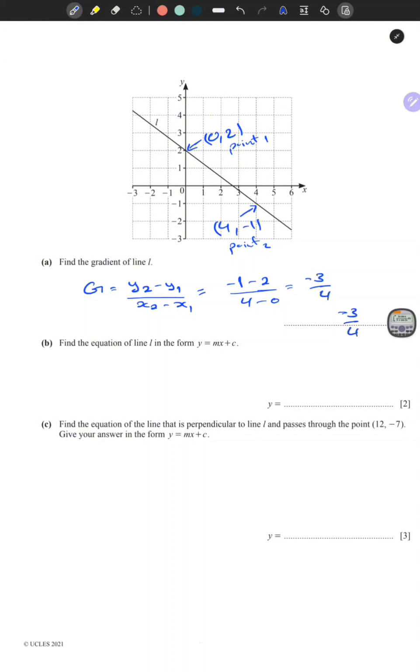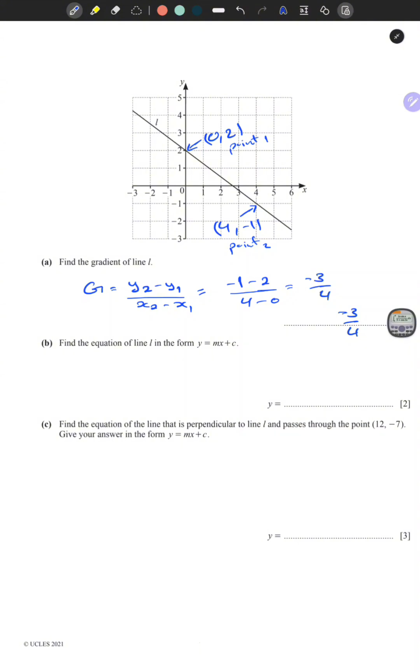The gradient is negative, and that's correct because the line is going downwards. B, find the equation of the line in the form y equals mx plus c. I have already got the gradient, which is -3 over 4, and I will take either of the two points. An easy point to take is point 1, which is (0, 2), and substitute it for x and y.